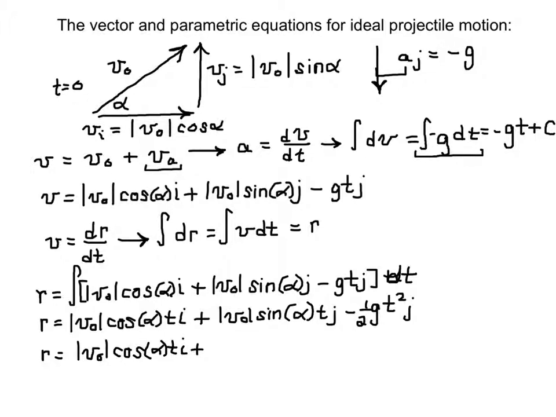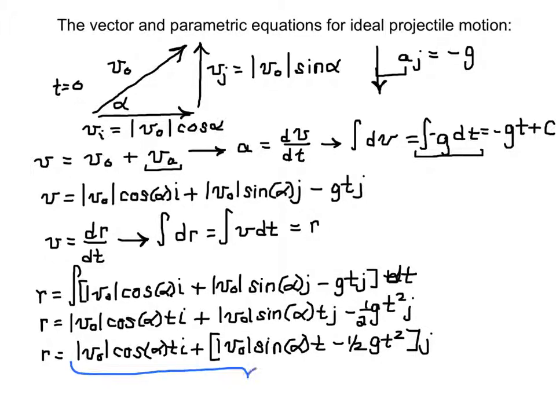And then in the j direction, we have the absolute value of v naught times the sine of alpha times time minus 1/2 times gravity times time squared, and that is in the j direction. And here we have our final equation for ideal projectile motion.